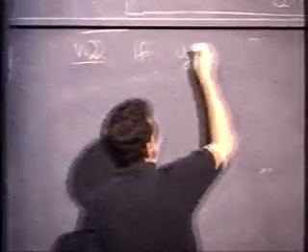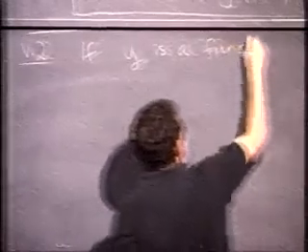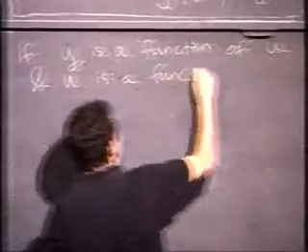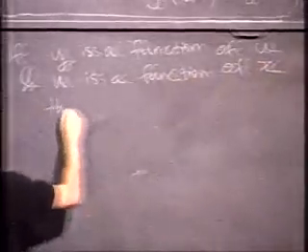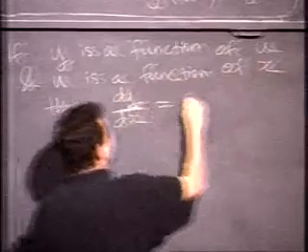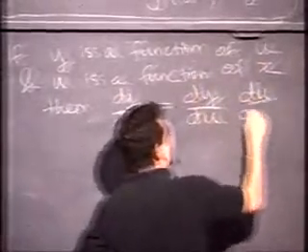Version 2 of this, which also is worth remembering, is if y is a function of u, and u is a function of x, then dy/dx is dy/du times du/dx.